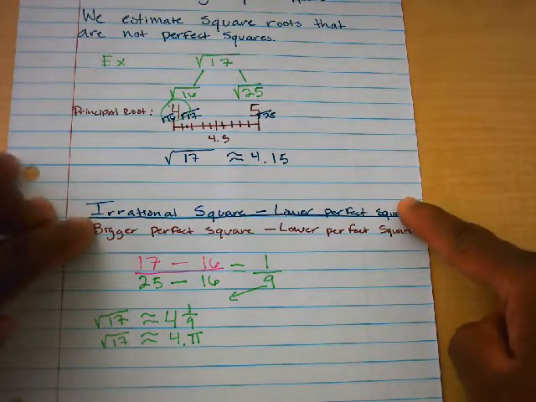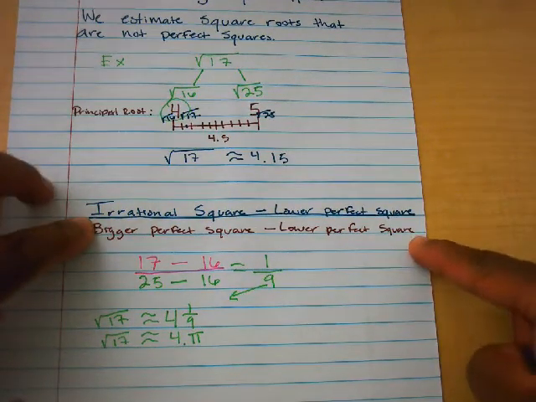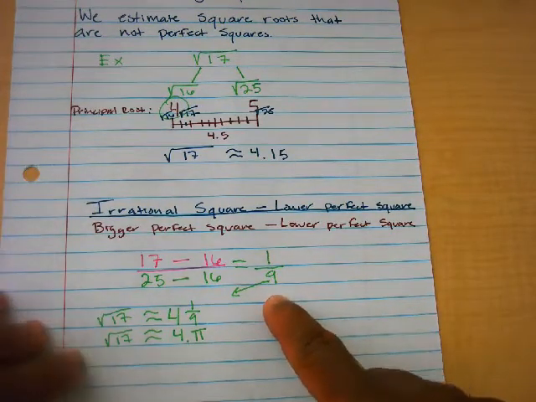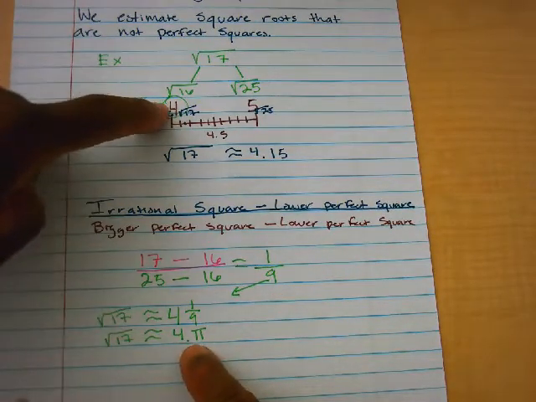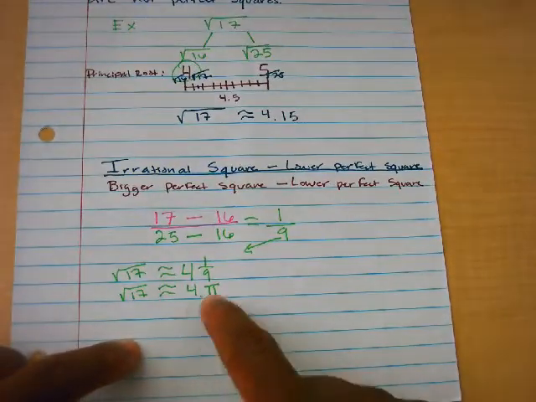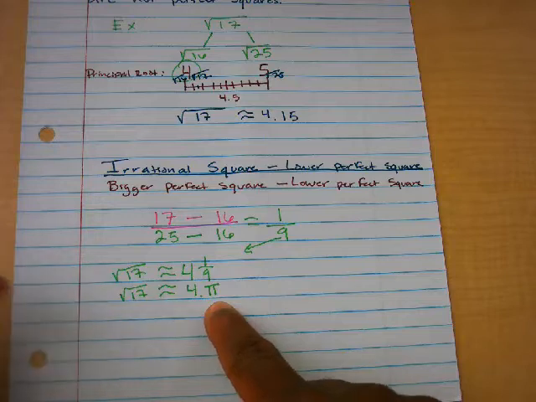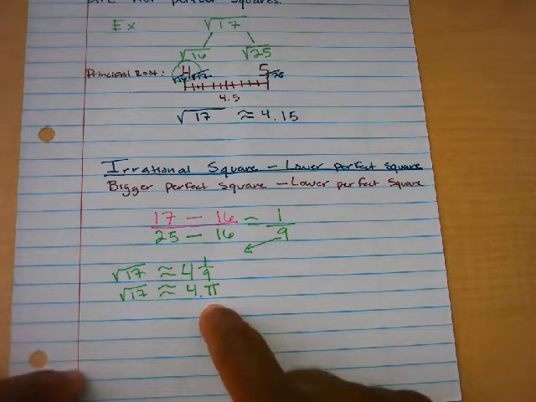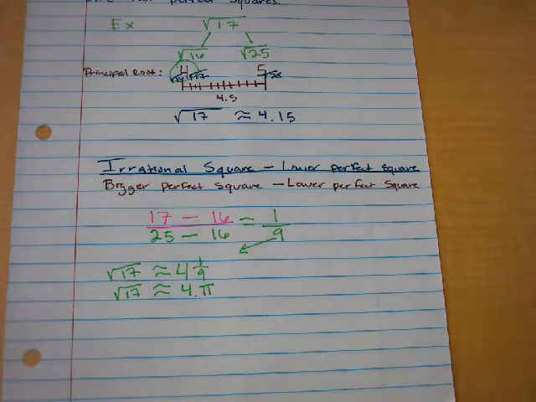And then we have the bigger perfect square minus the lower perfect square. And that gives us a fraction, which we then tie to that lower number. So we have 4 1/9, which we determined to be 4.11 repeating. And we can use that number because that's the closest we're going to get to what that irrational number is without using a calculator.